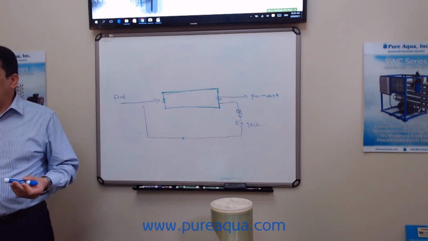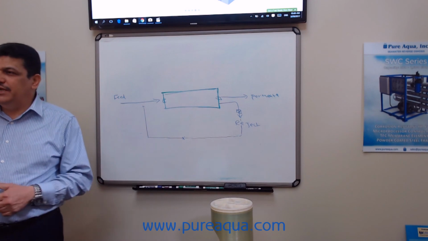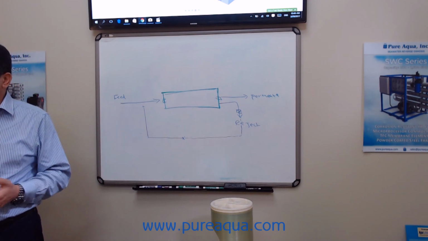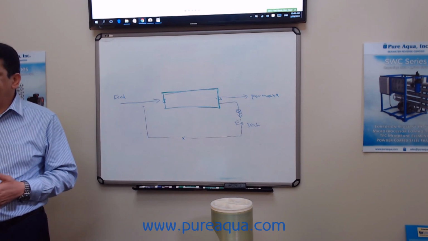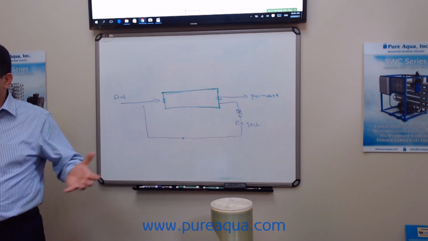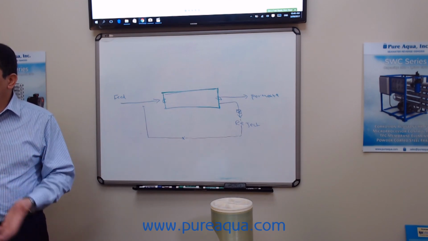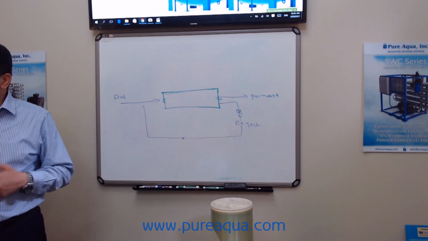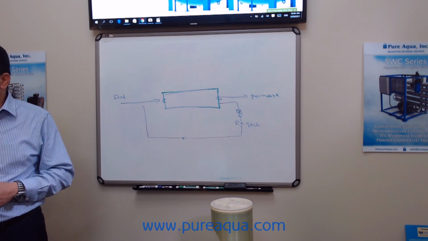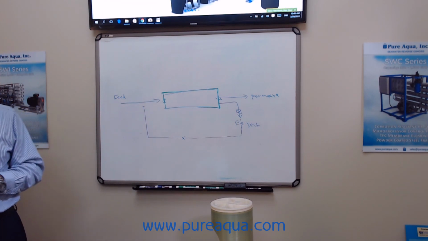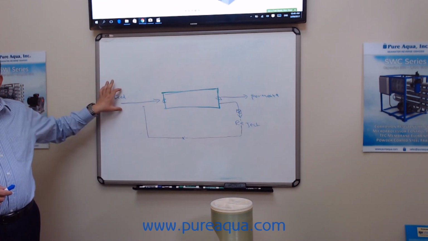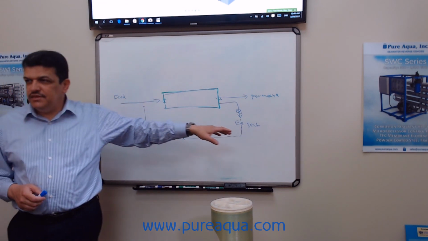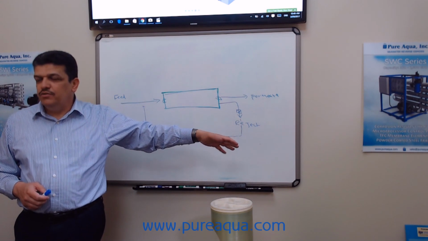You would have high hardness, high bicarbonates, high alkalinity, everything in the water is going to be 10 times, 20 times, 30 times, even up to 90 times. So it's really concentrated water. That means if you start with 1,000 ppm here, you're going to end up with 60, 70,000 ppm or 80,000, which is really crazy high.